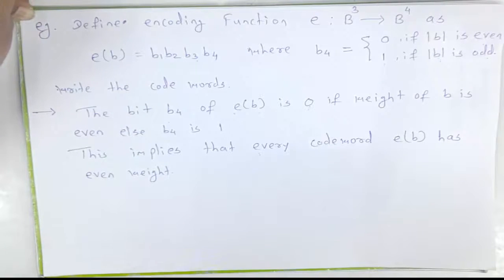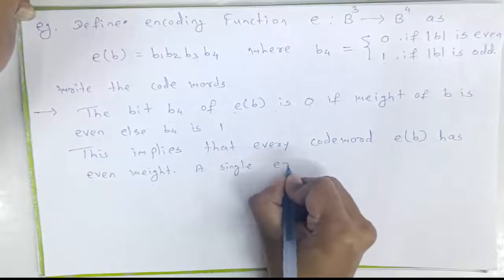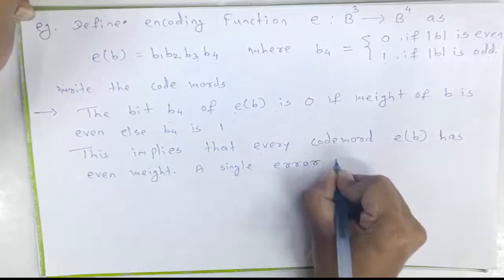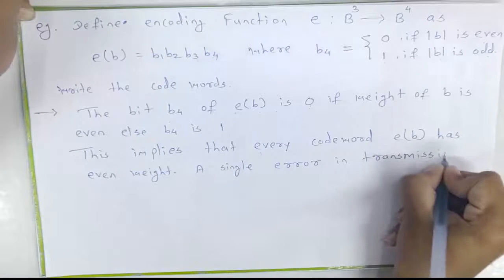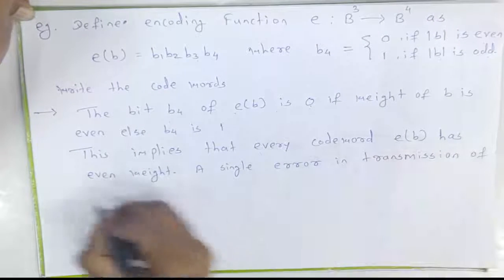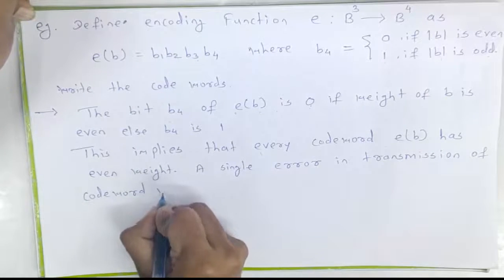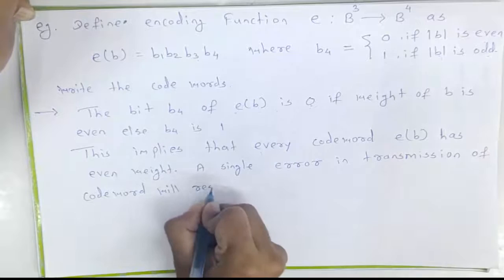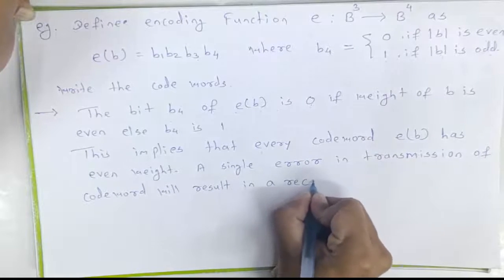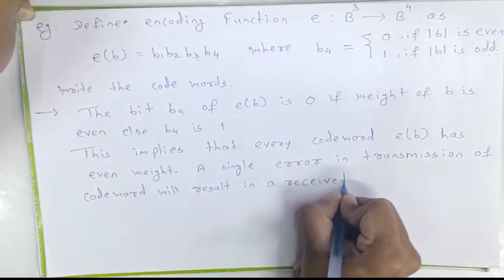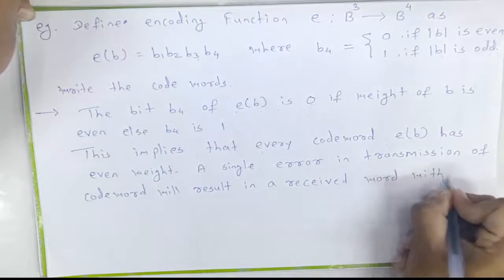So a single error in transmission of a code word will result in a received word with odd weight.